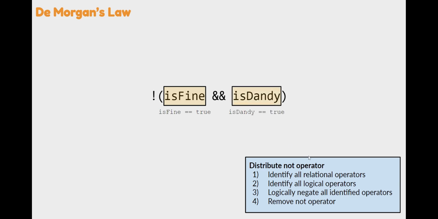And then we need to identify our logical operators. We have the logical operator of and in the middle. We distribute in the not operator to logically negate all identified operators. Is fine becomes not is fine. The and becomes or, and is dandy becomes not is dandy. And we do not write the not operator on the outside.